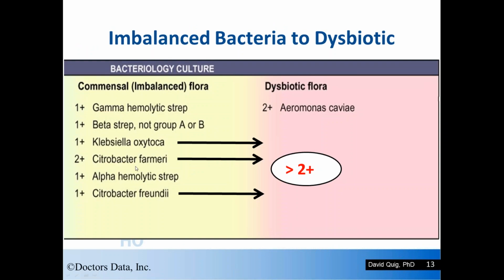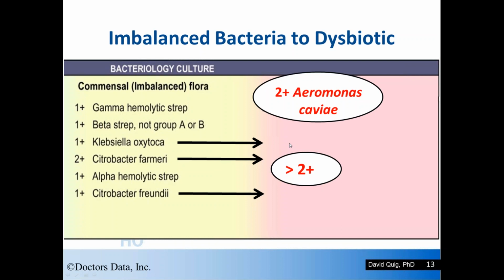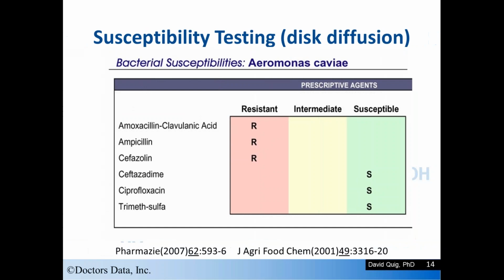Now, many of these imbalanced bacteria we consider to be value-driven in that when they are present at greater than 2+, they are transferred into the dysbiotic flora category. But flat out always pathogenic bacteria such as Aeromonas caviae are always reported as pathogenic, even at a level of +1 or +2. And anytime we identify a dysbiotic bacteria, of course, we do susceptibility testing.